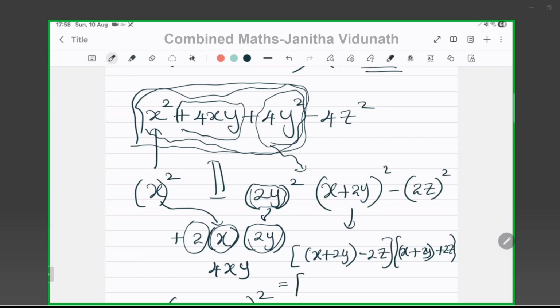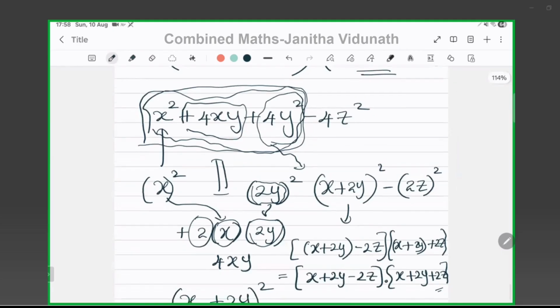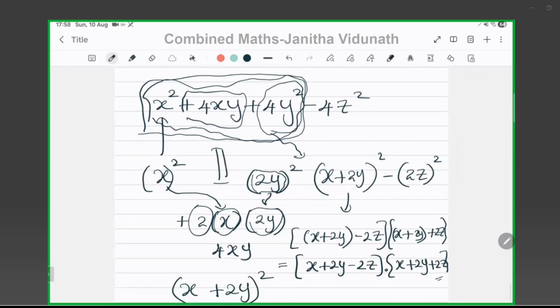Then we have x plus 2y minus 2z times x plus 2y plus 2z. Okay. I will give 1 minute to write this down, as this is a somewhat advanced question for you.